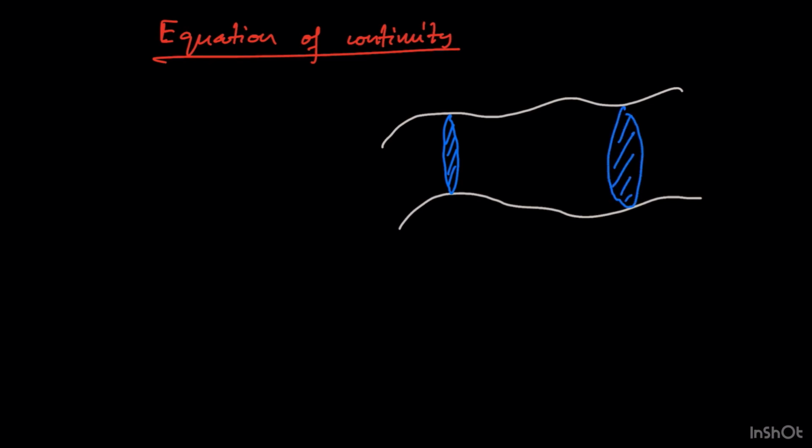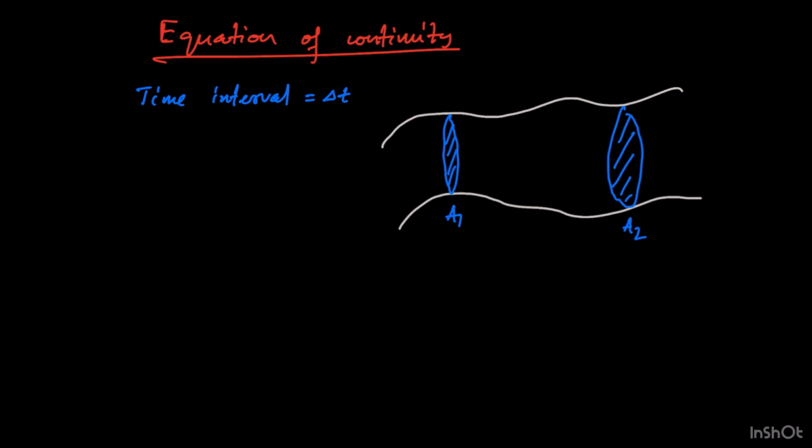This cross section has area of cross section A1, and here it has area of cross section A2. So let us consider a time interval delta t.